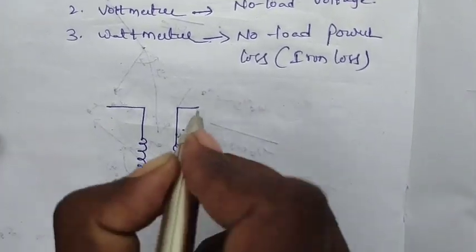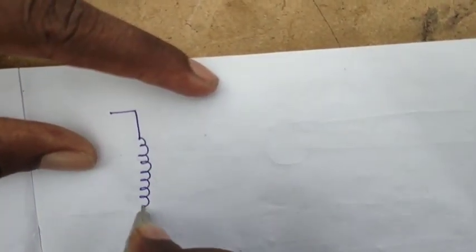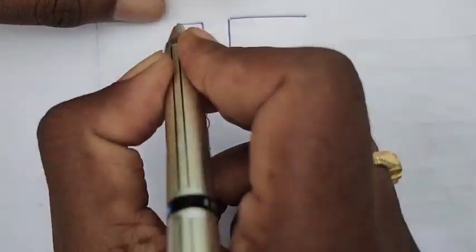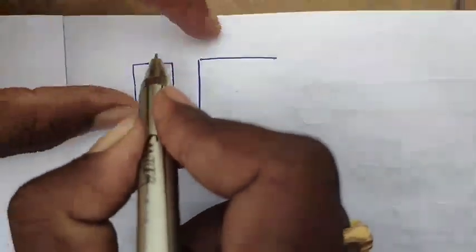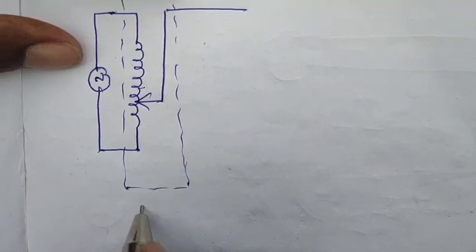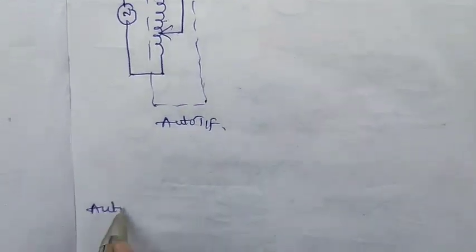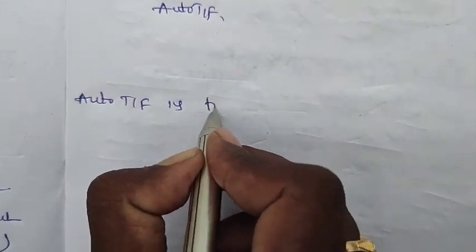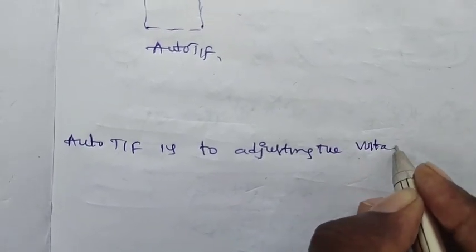Consider this transformer, high voltage winding, low voltage winding. Using an auto transformer, the purpose of the auto transformer is adjusting the voltage.